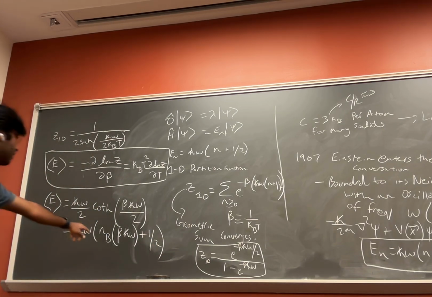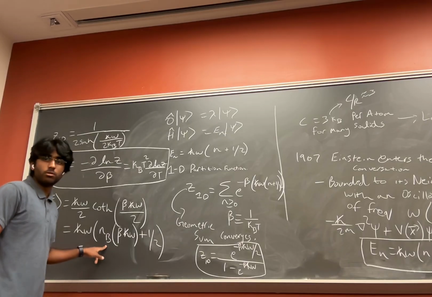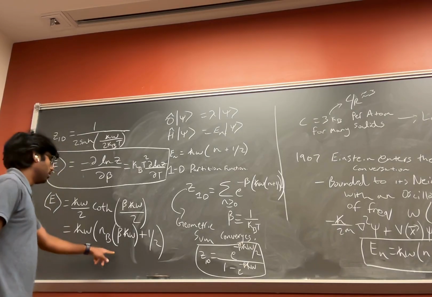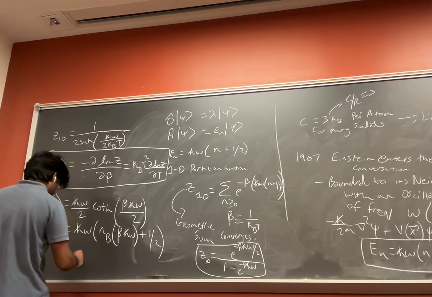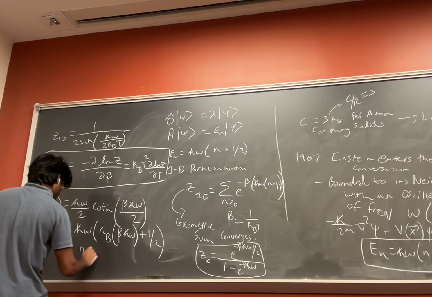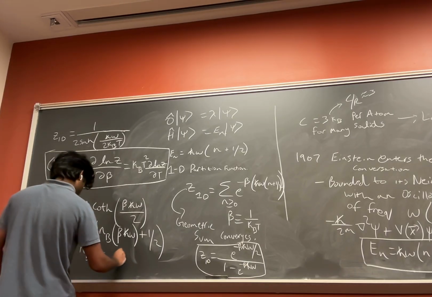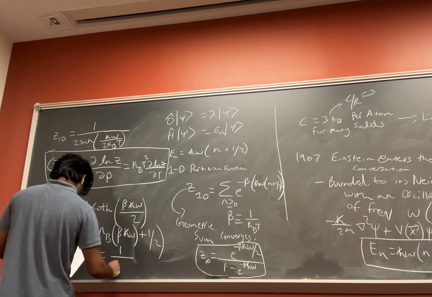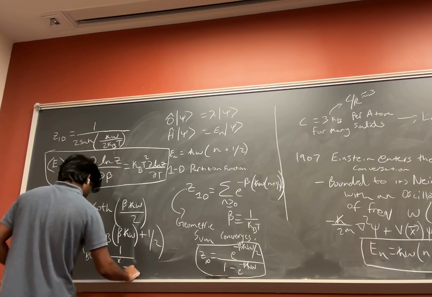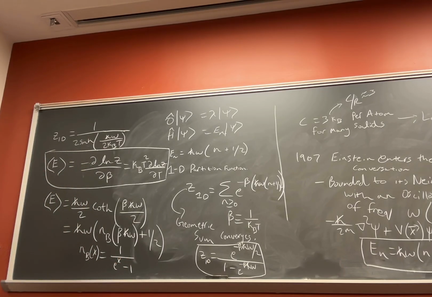Okay, so NB is actually the Bose occupation function, which is given as NB of x equals 1 over e to the x minus 1.